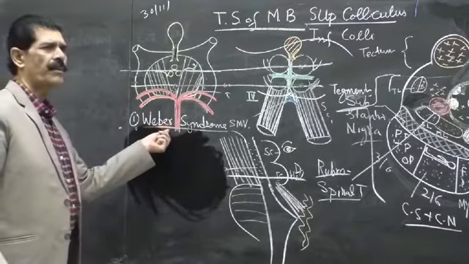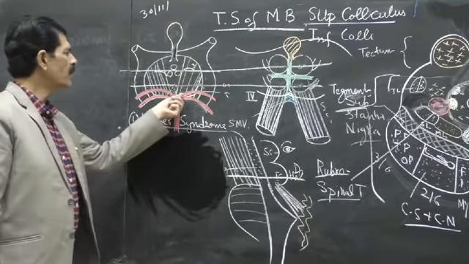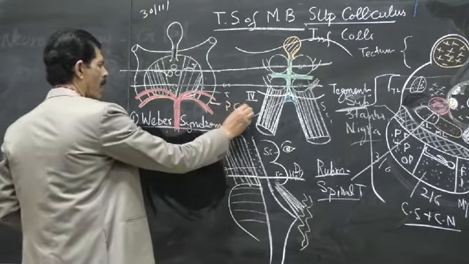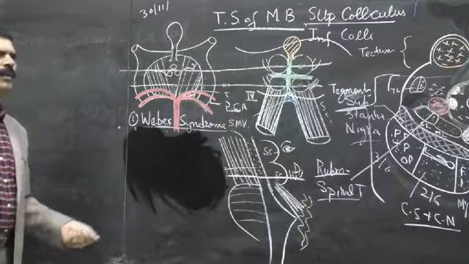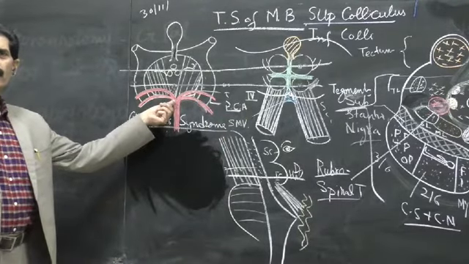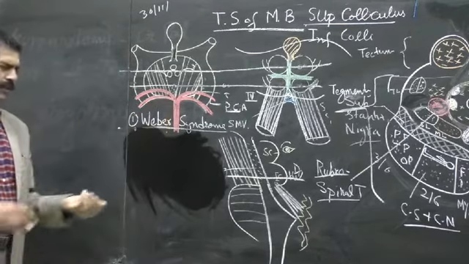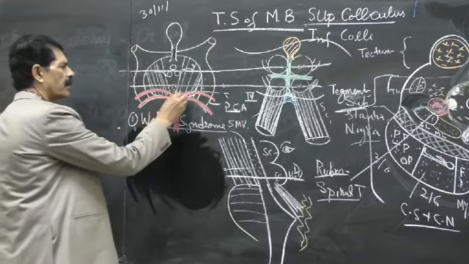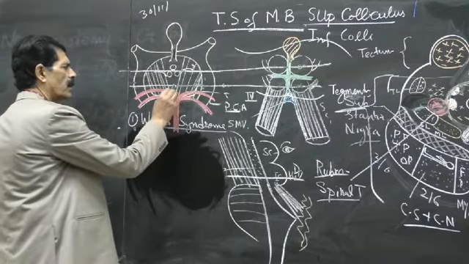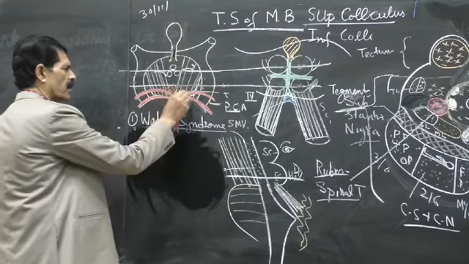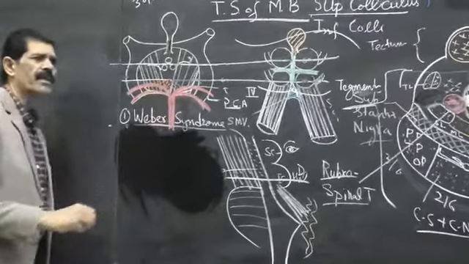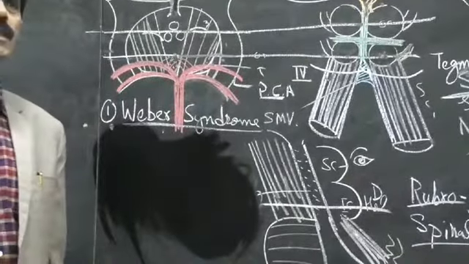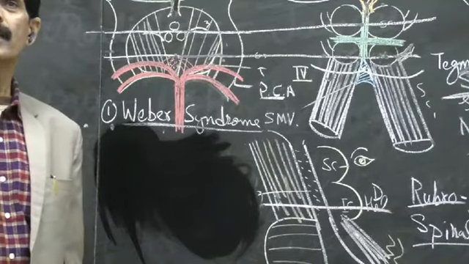And Weber syndrome is related to the occlusion or the injury to the posterior cerebral artery. Because the posterior cerebral artery, as it is the terminal branch of the basilar artery, lies in the interpeduncular fossa, and it has got central branches which pierce the posterior perforated substance, and these central branches of the cerebral arteries reach near the center or deep inside the brain.